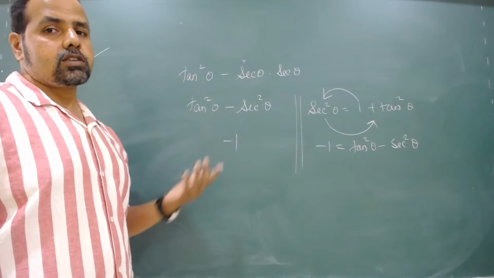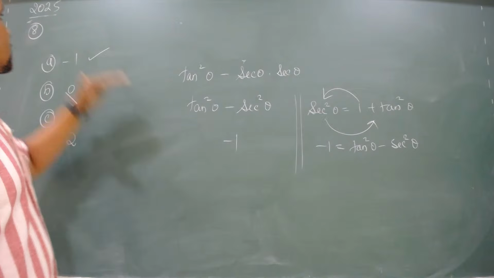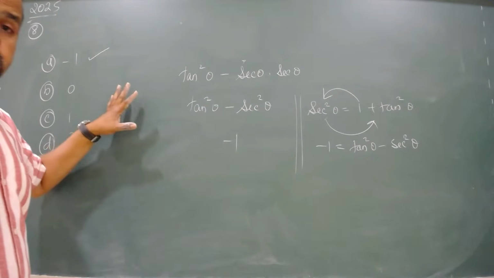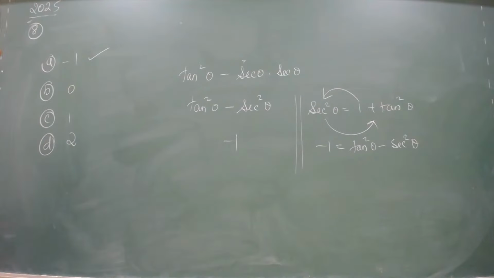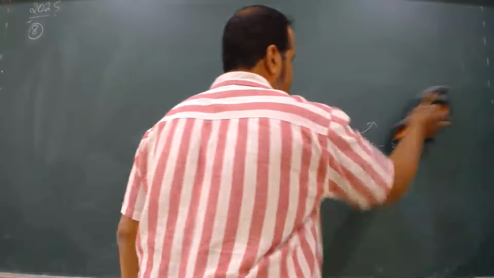So 16 3s are 48 different question papers. Out of 48 question papers, all the questions based on trigonometry are solved. So let me proceed with the next question. A 2 mark question.